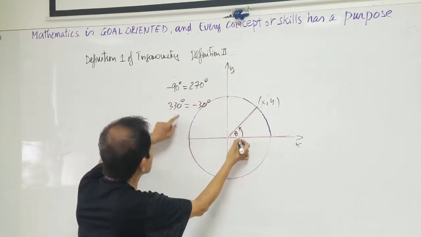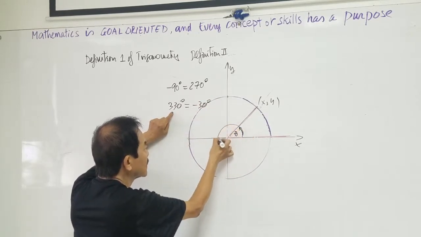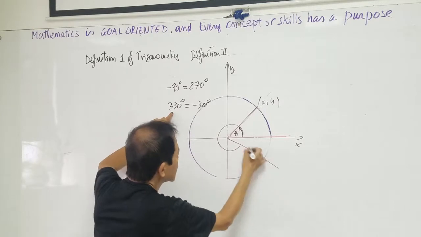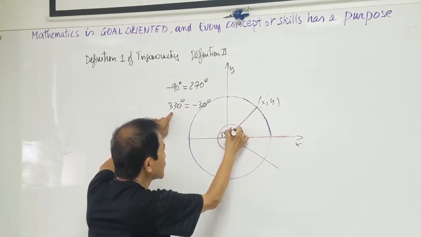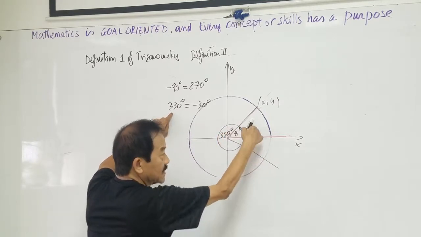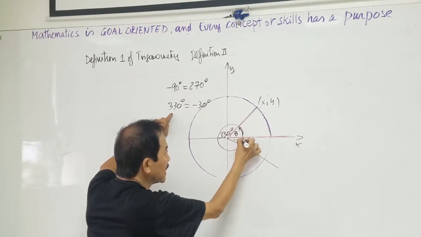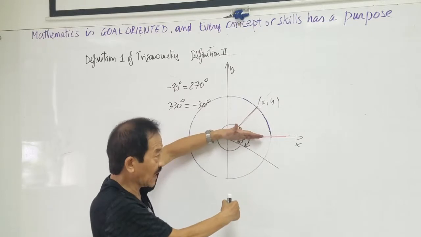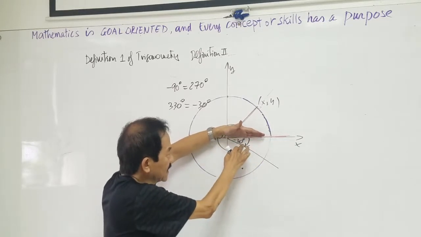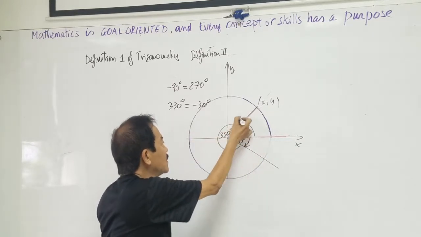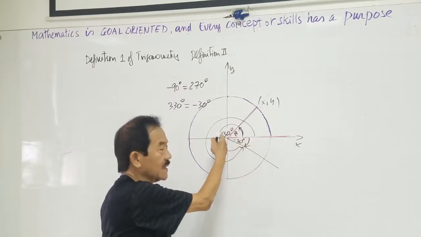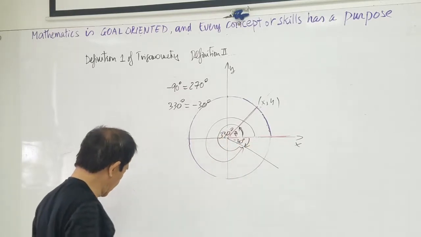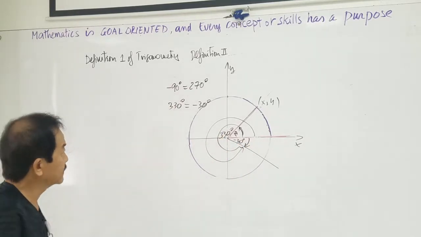You go 330 degrees all the way around from here to here. Therefore, going backward here equals negative 30 degrees, because the angle always starts from here. If you go backward, it is negative 30 degrees. If you go counterclockwise, you get 330 degrees. So that is the relationship. The two of them are the same.